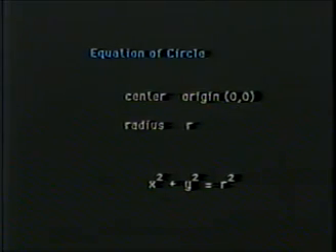Now, what if someone gives you an equation like this and says, draw the graph for this equation? If you've been watching our examples closely, you'll recognize what this is immediately. Yep, it's a circle.